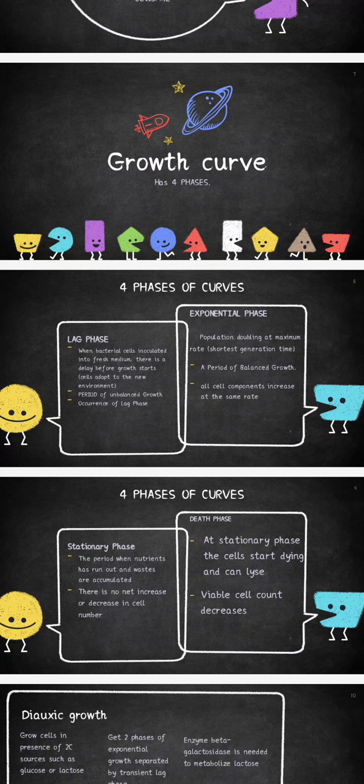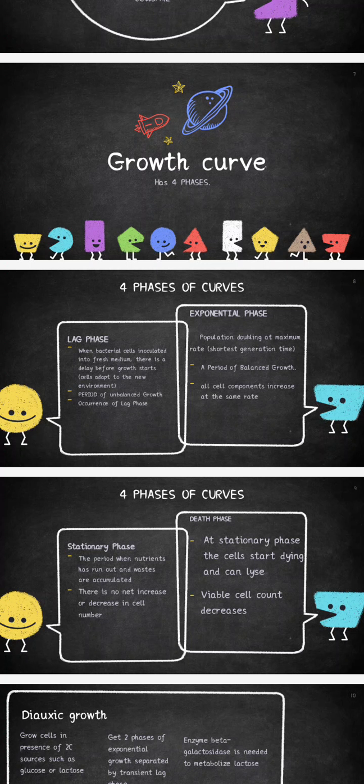Okay? Next curve would be the exponential phase or log phase, as in LOG. The first is the lag. Sa exponential, also known as log phase, the population is doubling at a maximum rate.